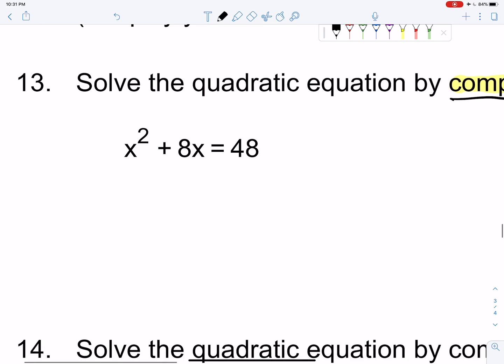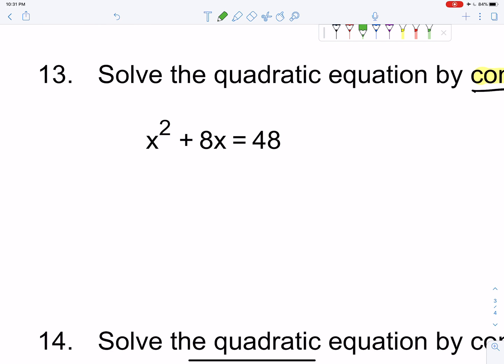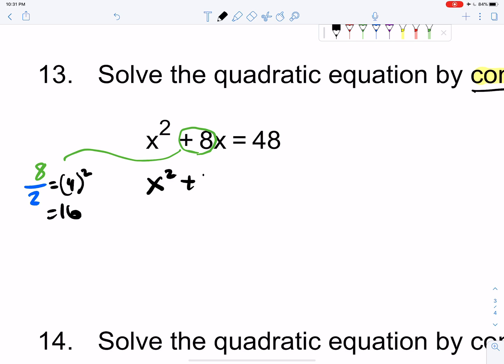So how do we complete the square? Well, you take the coefficient of that linear or middle term, 8. You cut that in half. That gives you 4. You square that, and that gives us 16. Now we know that x squared plus 8x equals 48.